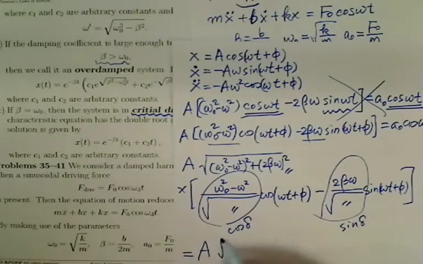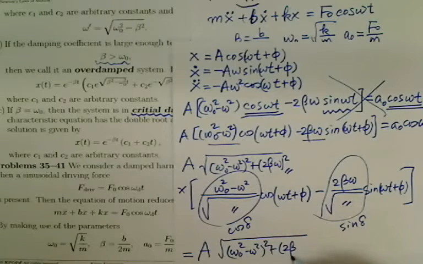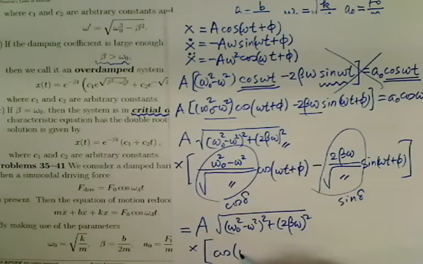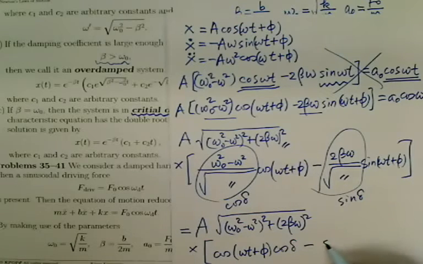Then we have A times the square root of omega 0 squared minus omega squared squared plus 2 beta omega squared, multiplied by cosine omega t plus phi cosine delta minus sine omega t plus phi sine delta.